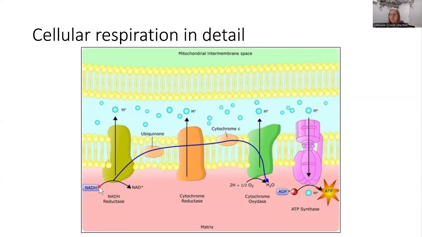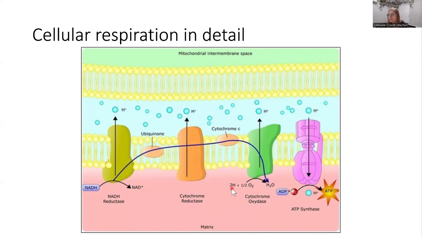The electron moves from a high energy state to a low energy state. And as it uses up that energy, it is shuttled back and forth between these proteins. And then it decreases in energy and has to be received by the final electron carrier, which is going to be oxygen. So oxygen is standing here waiting to grab that electron as it falls down its energy gradient.